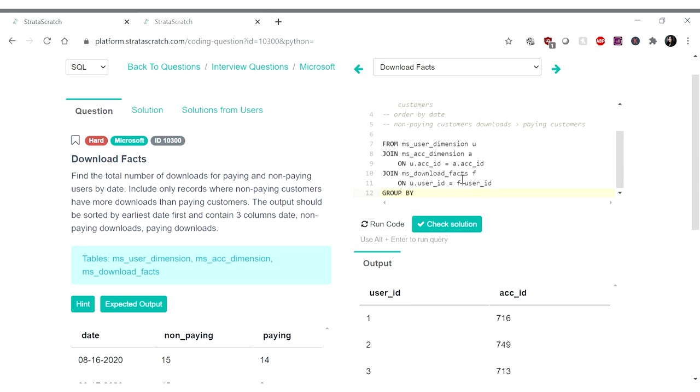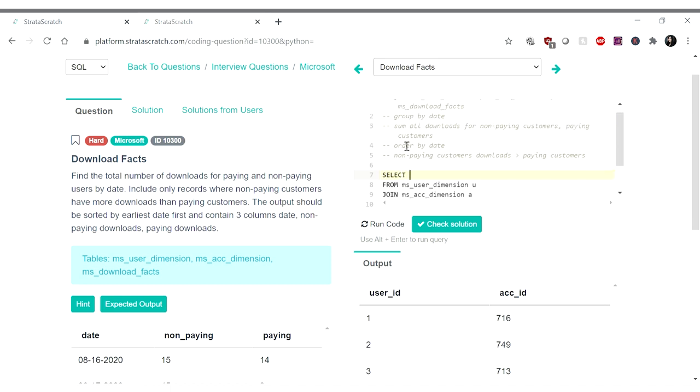I'm going to write the select statement first. Select the date, and then we want to sum all downloads from non-paying customers.